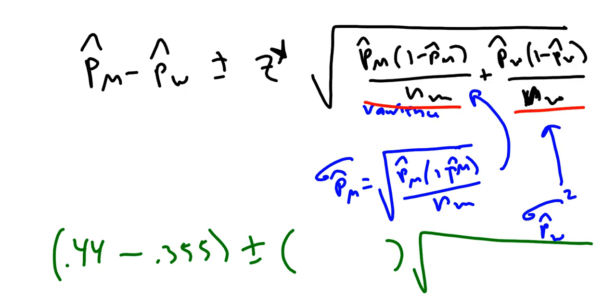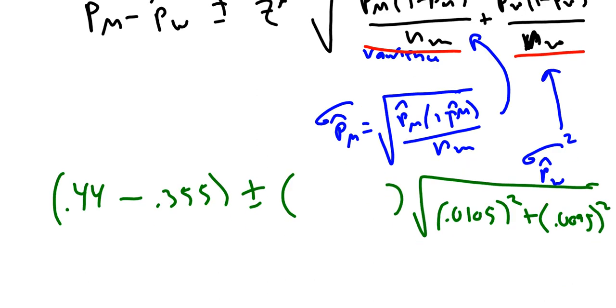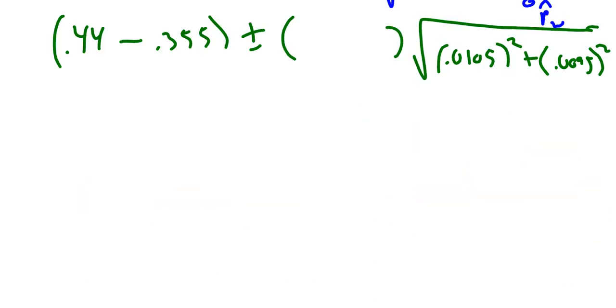So when I put that in here, I'm going to do 0.0105 squared, because you can only add variances, plus 0.0095 squared. So I took those standard deviations and made them back into variances. Okay, and then finally I need the z star that goes there.